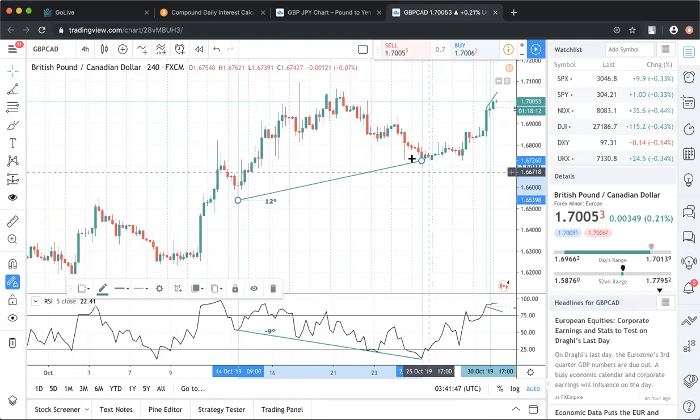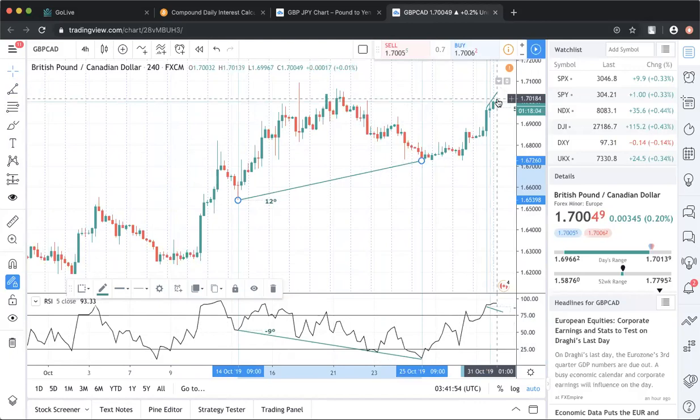We have bullish divergence. So this would be a buy right here. This is a buy. The last one was a sell.